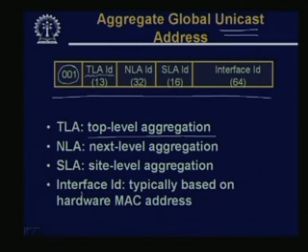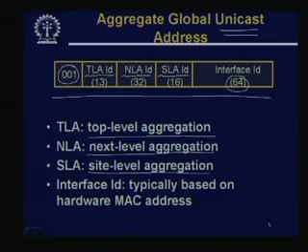There are 13 bits for it. You can have next level aggregation. This can be a country level internet service provider. You can have site level aggregation. You can have a city based internet service provider. You can have a number of different levels of hierarchy, and at the end you have 64 bits to represent your computer.